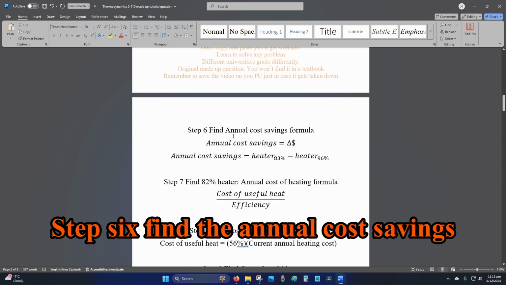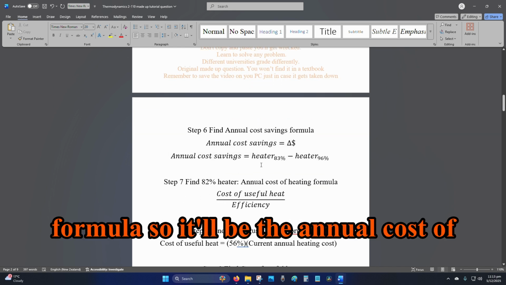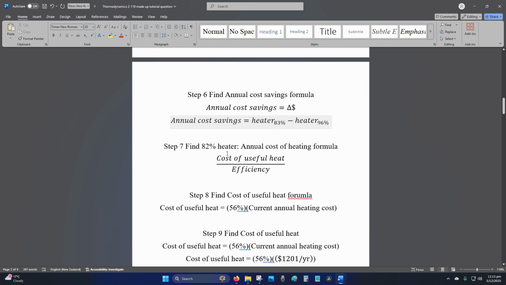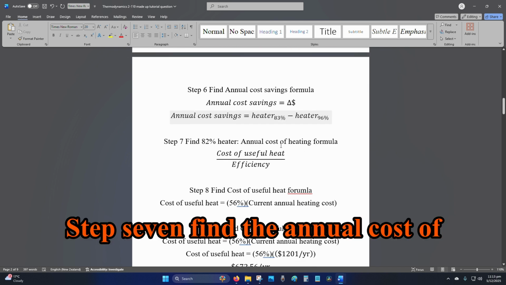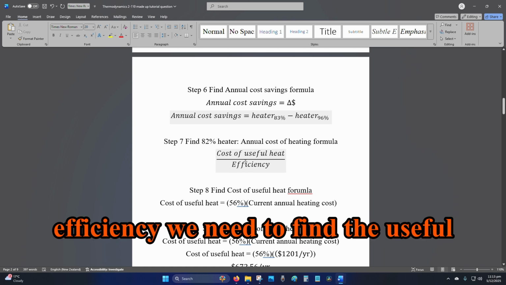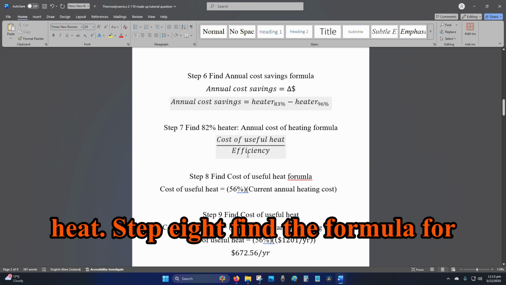Step 6, find the annual cost savings formula. So it'll be the annual cost of the 83% minus the 96%. Step 7, find the annual cost of heating formula. It'll be the cost of useful heat divided by efficiency. We need to find the useful heat.